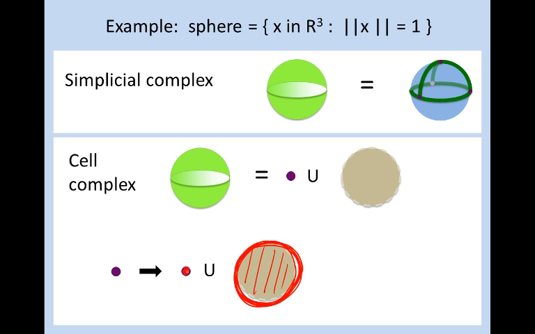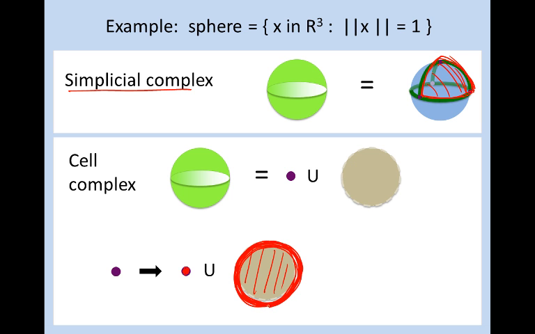So unlike for simplicial complexes, where I glued a 2-cell with a nice one-to-one onto map onto its boundary, here I'm going to crush an infinite number of points.